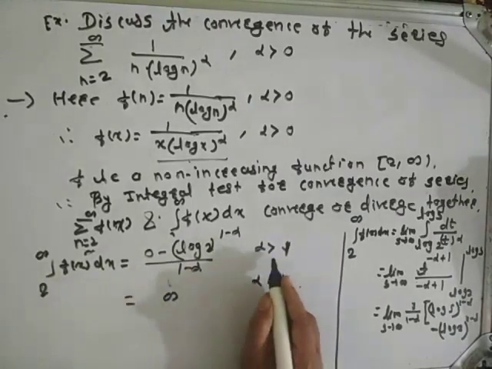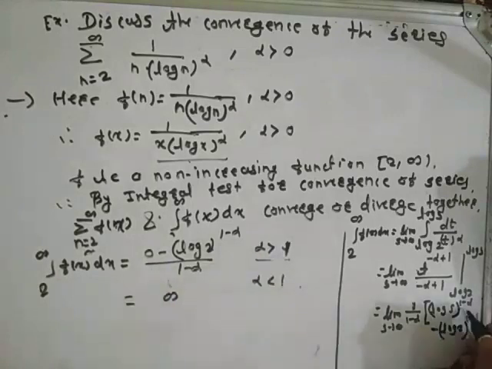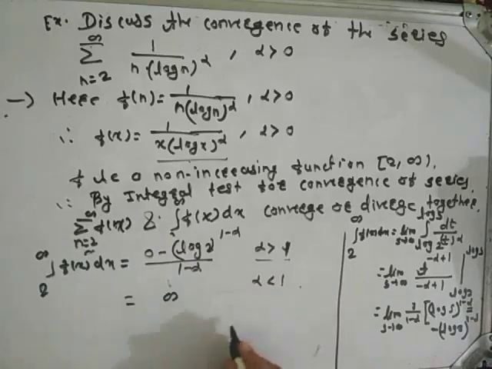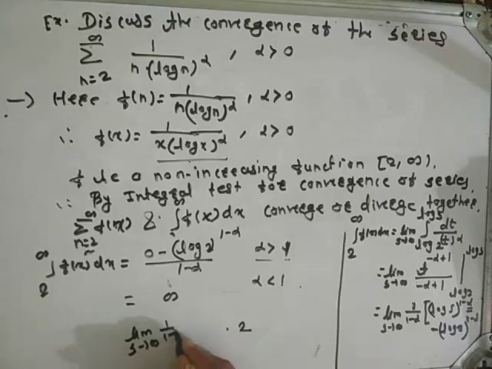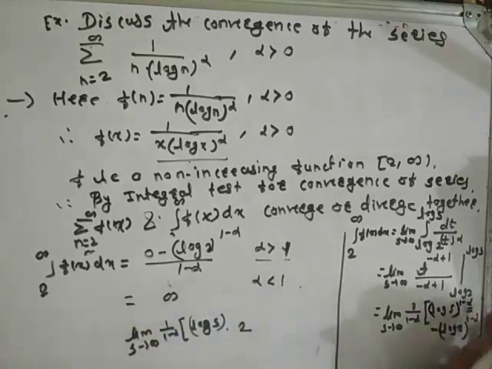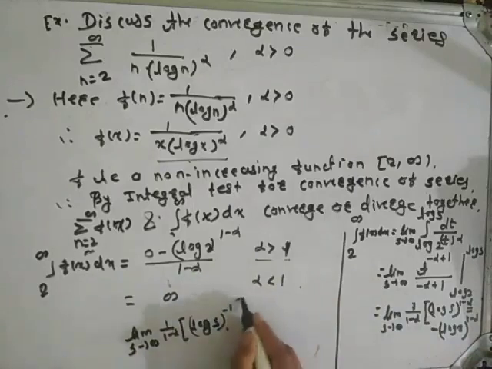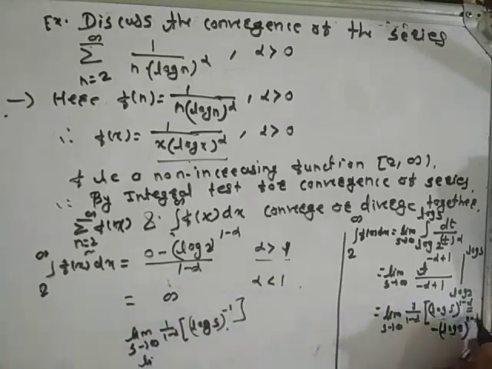Because see here students, if alpha is greater than 1, suppose alpha is 2, so this limit becomes the limit as s tends to infinity of 1 upon 1 minus alpha into log s raised to 1 minus 2, which is minus 1. Don't think about this constant, it remains as it is.